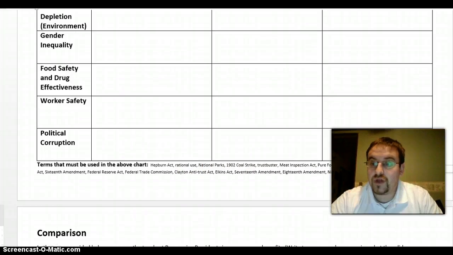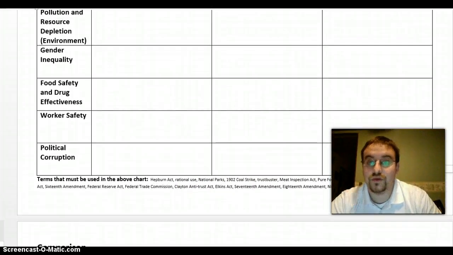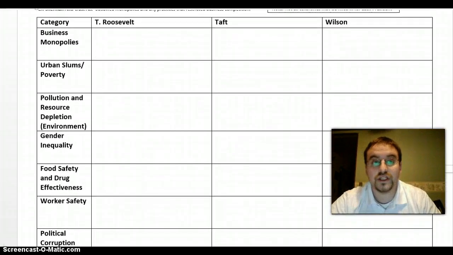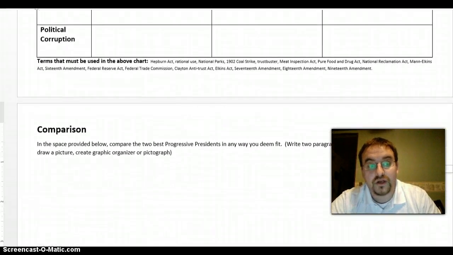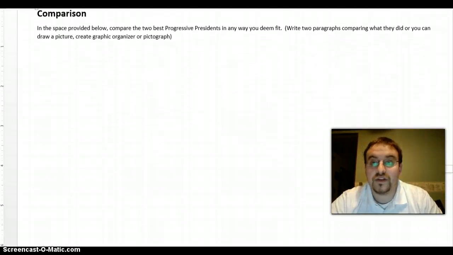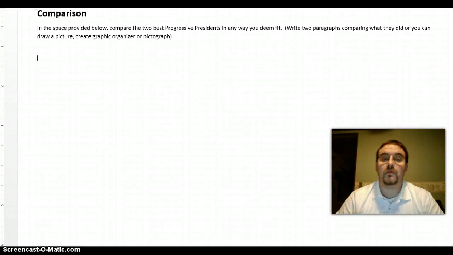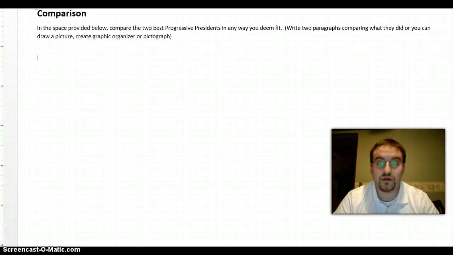Now, after you do that, I want you to select the two that you think are the strongest candidates between Roosevelt, Taft, and Wilson. Slip down into the comparison, and in this space provided, you can compare these two presidents any way you deem fit. So if you'd rather just write, you could write 2 paragraphs comparing and contrasting those two presidents.